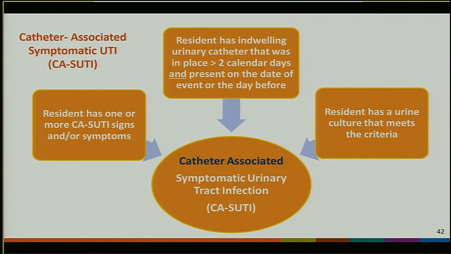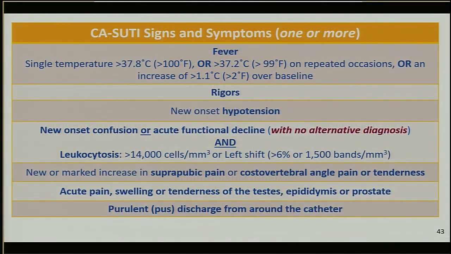When the resident has an indwelling device in place, the signs and symptoms requirements are not as rigorous. So you can see here, the resident can have any one of these signs and symptoms if an indwelling device is in place. The resident may simply have a fever and a positive urine culture, or rigors, or a new onset hypotension that is not related to a medication or a non-infectious cause.